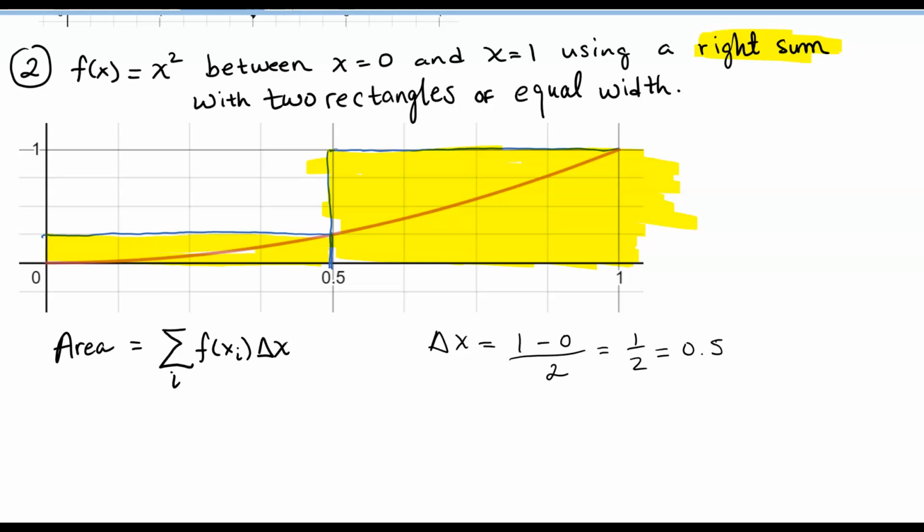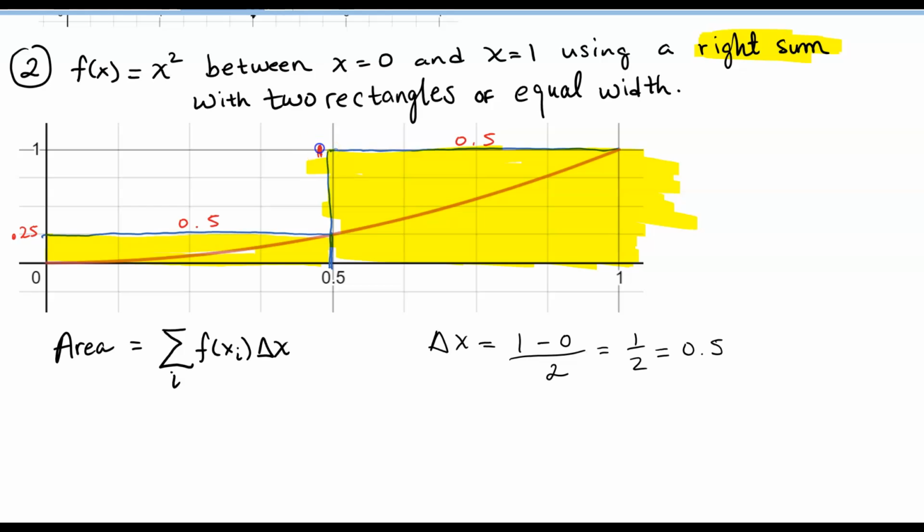Now, how do you figure this out? Well, you plug in your value at 0.5, so 0.5 squared gives you 0.25. That's the height there. The width is going to be 0.5, our delta x, the same width here. When we plug in 1, we get 1 squared, which is 1.